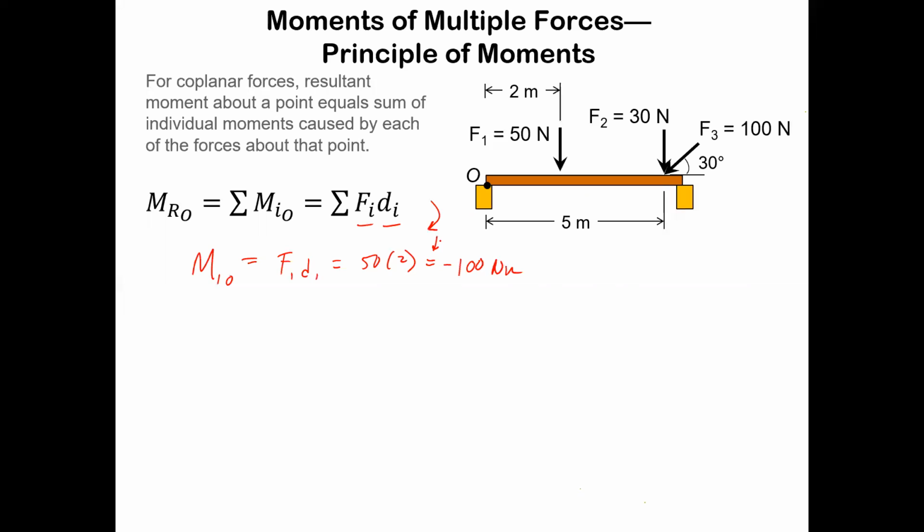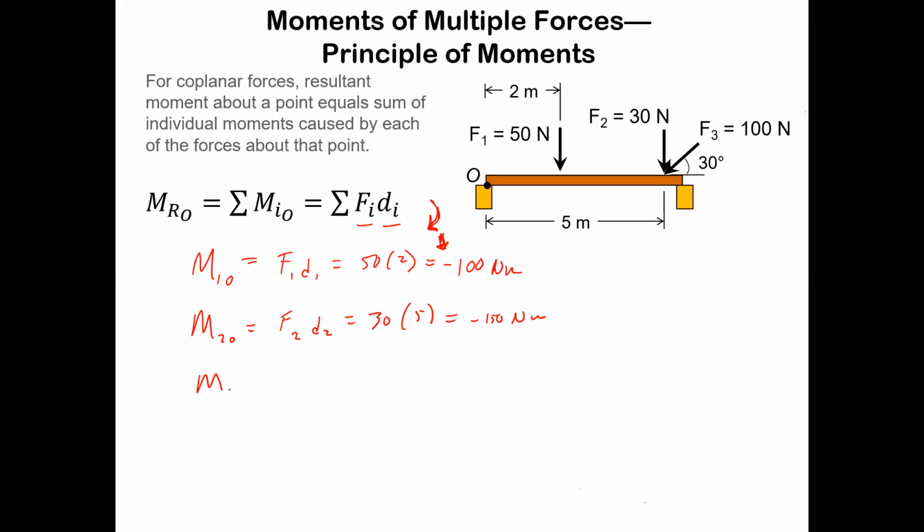So that is why that arrow, meaning the minus sign, not the equal sign. Clockwise rotation is why we're putting a minus sign in front of that. What about M2O? That's going to be F2 times D2. It's going to be 30 times 5. It's going to be minus 150 Newton meters.